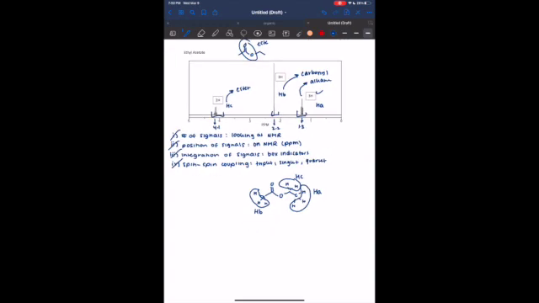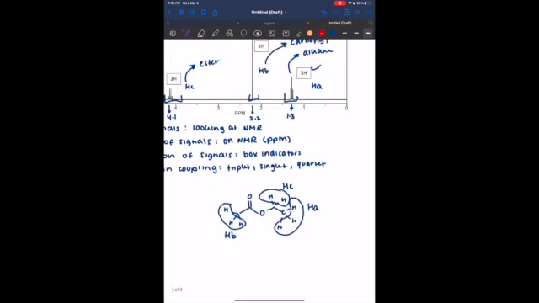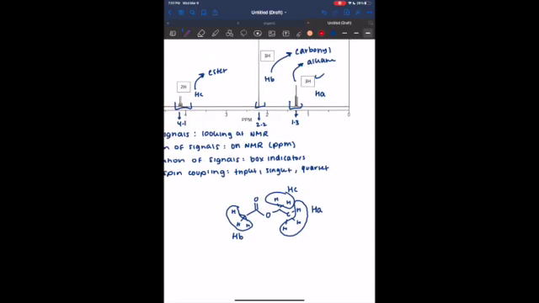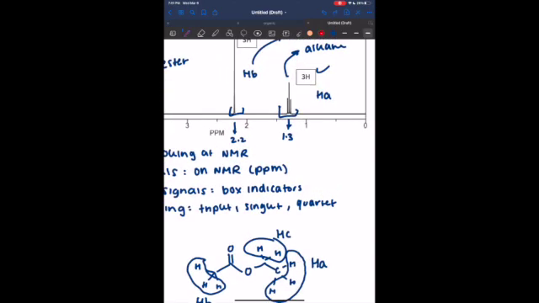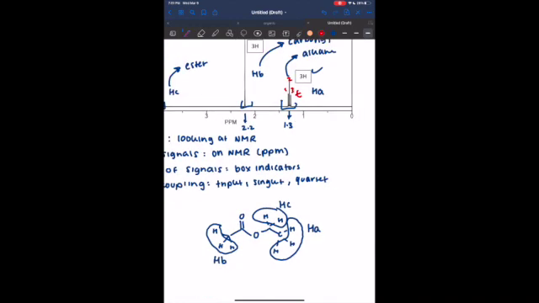We can further back up this claim by taking a look at the spin-spin coupling, which could give us an idea of what hydrogens are going to be located adjacent to this carbon. So for example, if we take a look at this first signal right here, we can see that this is a triplet, by 1, 2, 3 separate peaks inside this little complex.